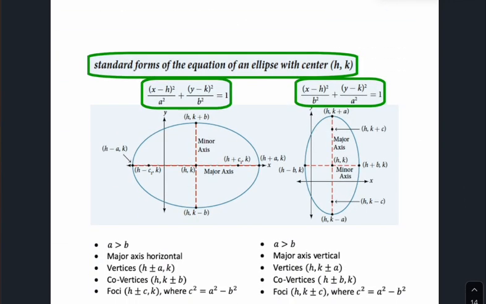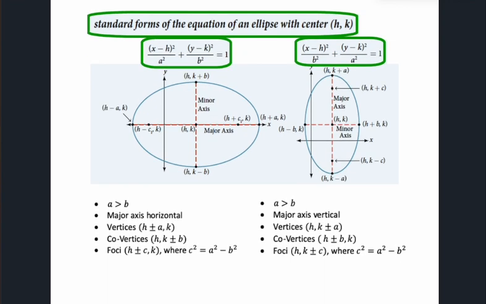Now, if you change the center of your ellipse or circle to (h, k), do you see how you have the h and the k by the x and the y? It looks very similar to what you've seen in the past.